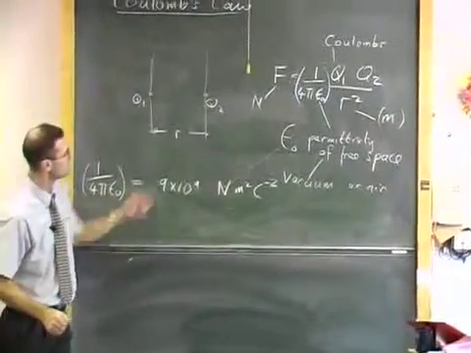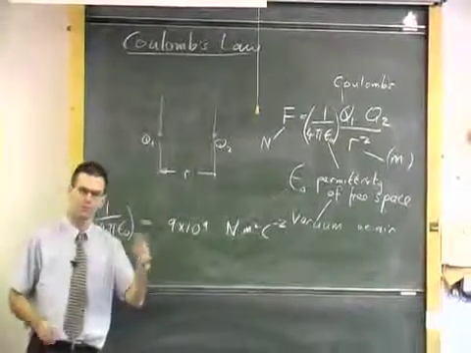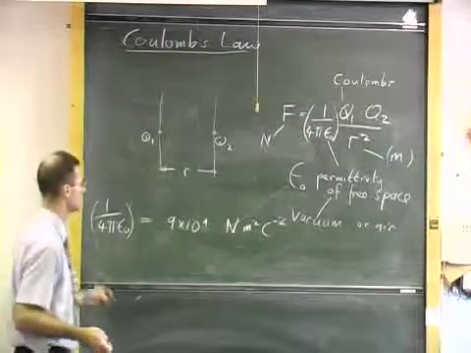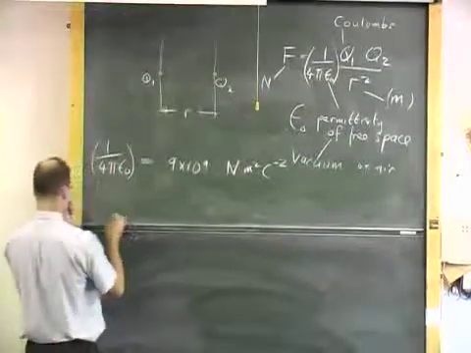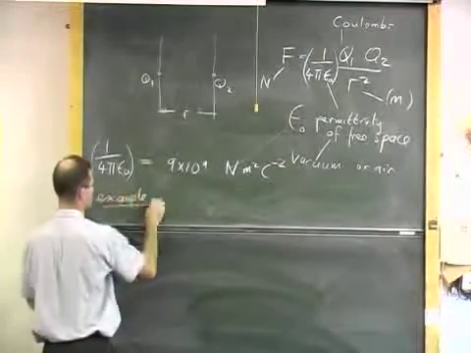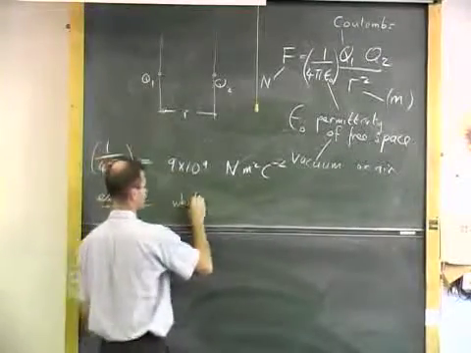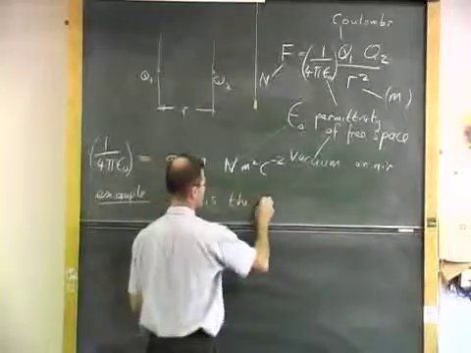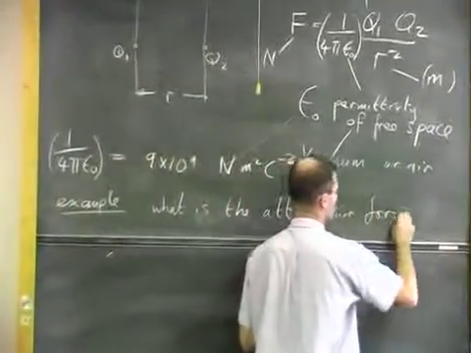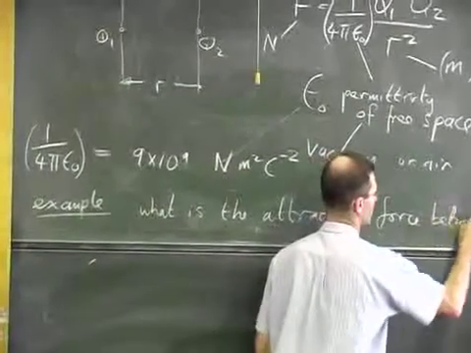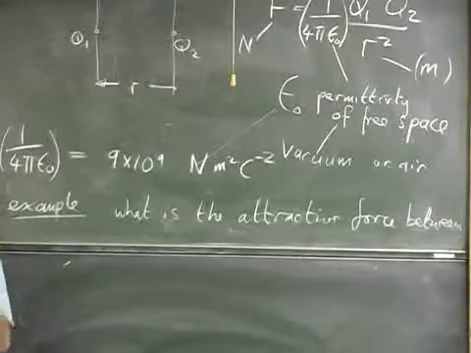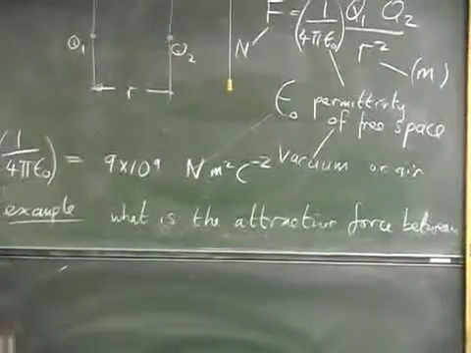So let's just try an example of this, and then we'll try something a little bit more complicated, the sort of thing that you're going to get asked in an exam on it. So what would be the attractive force between two smoke particles which were separated by a few millimeters?